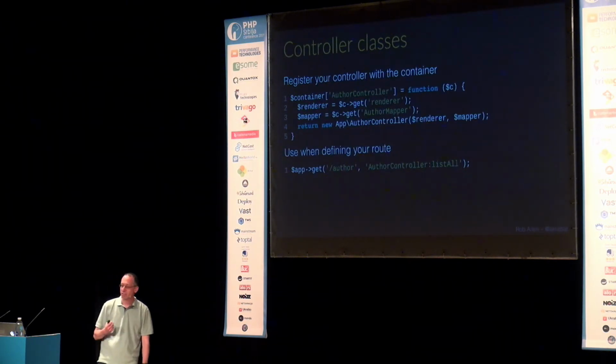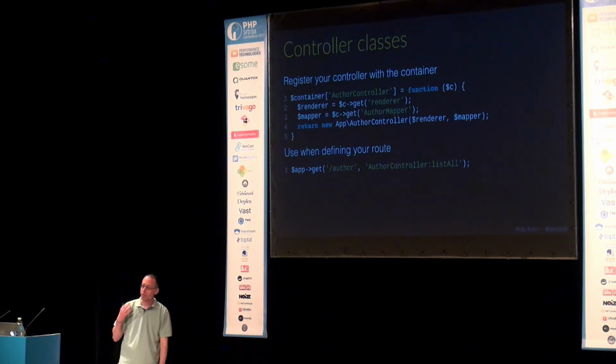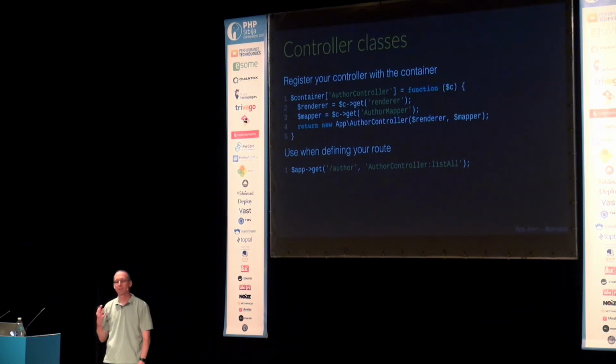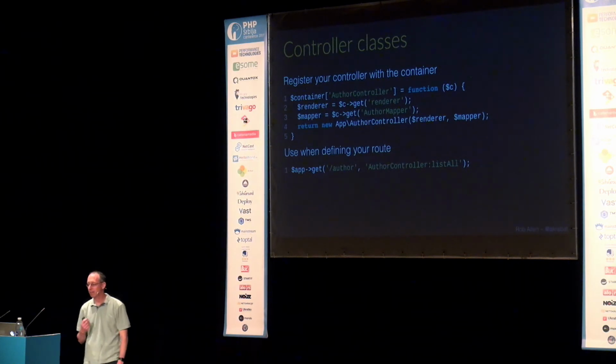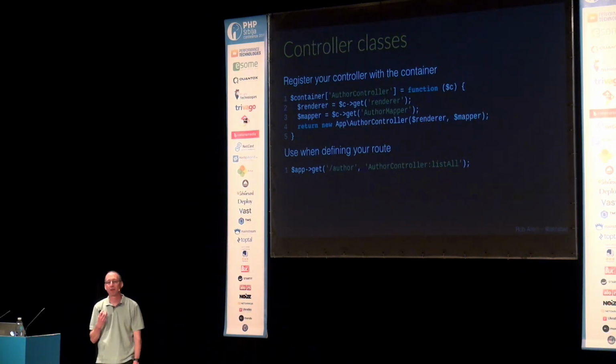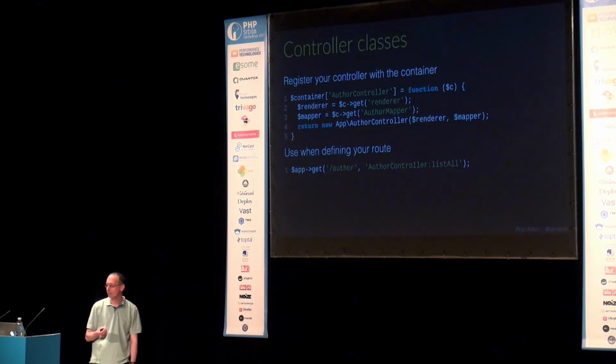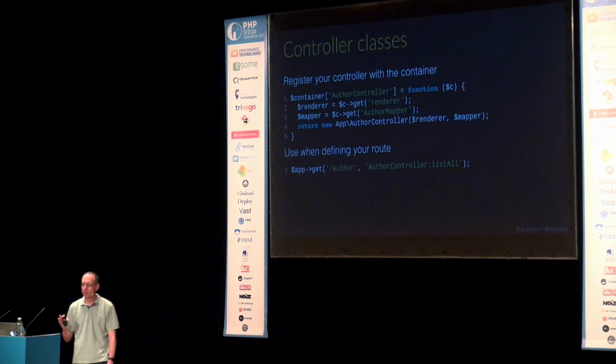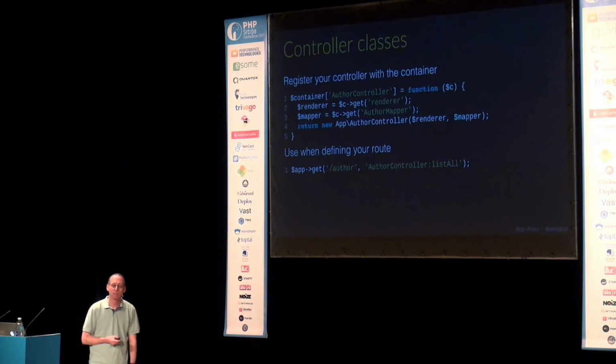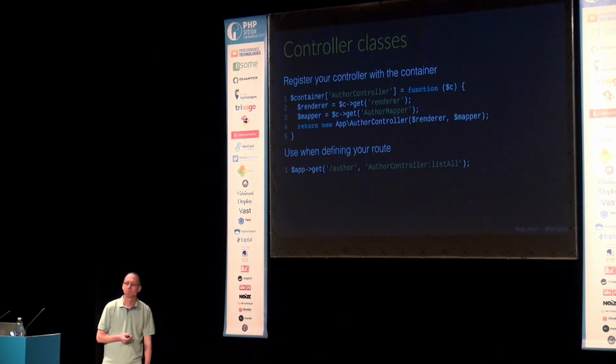In Slim, we can then use this to create controller classes. So rather than writing a callable, a closure, for our action, we can write a class. Here I've got a class called author controller, which is now registered to my container. I've created a factory on lines 1 through 5. All it does is instantiate a controller, and then I register it with my route by putting the name of the controller, followed by a colon, followed by the name of the action method within that controller that I want to run.